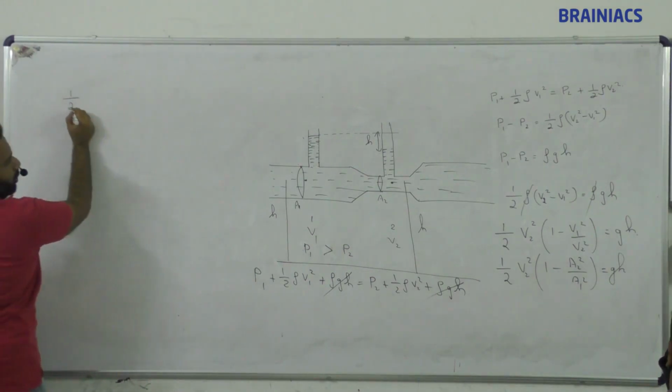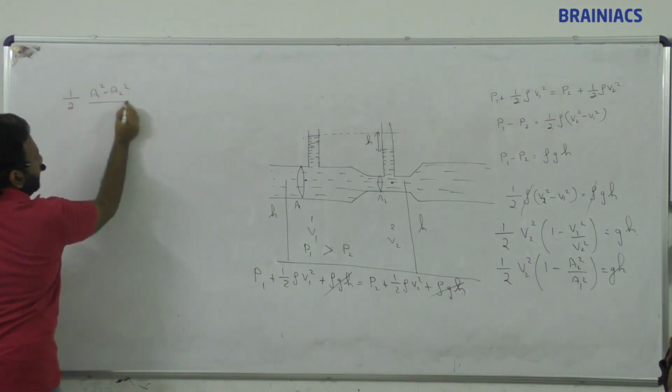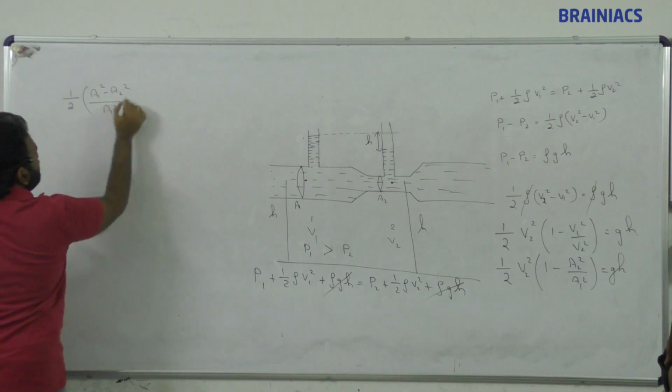So half into a1 square minus a2 square divided by a1 square.